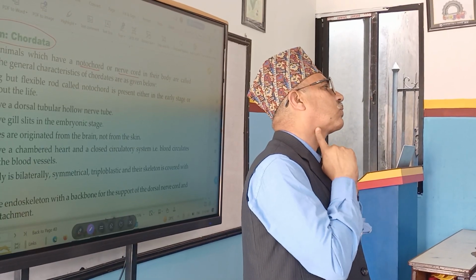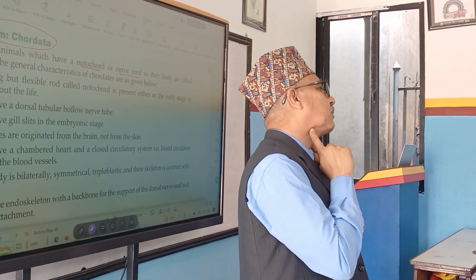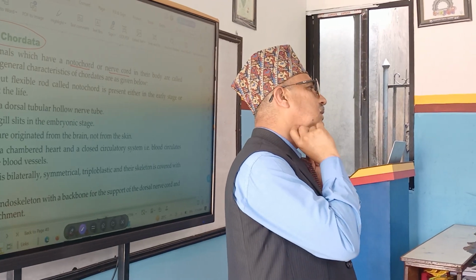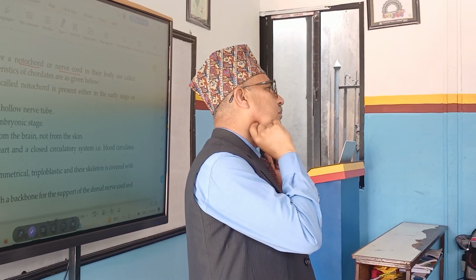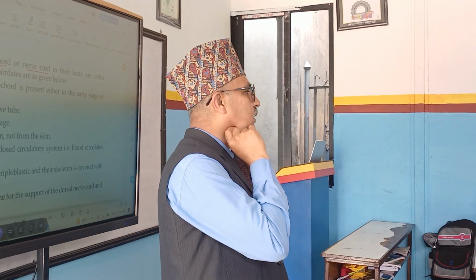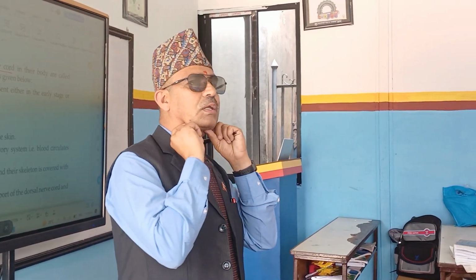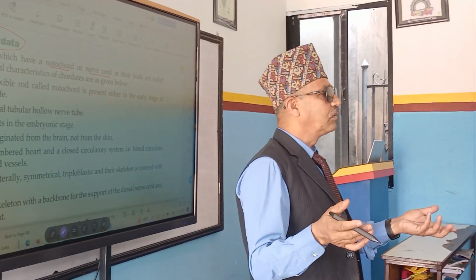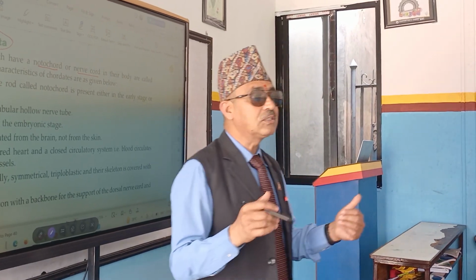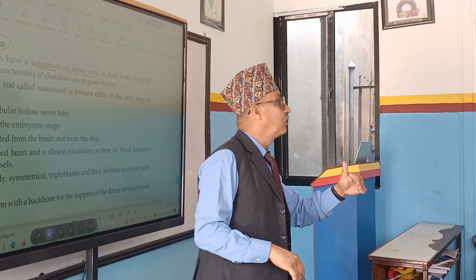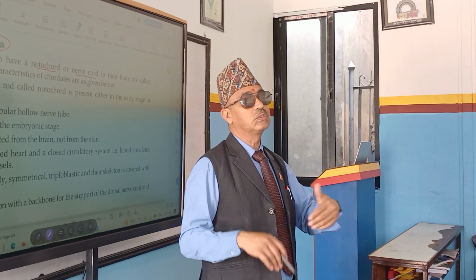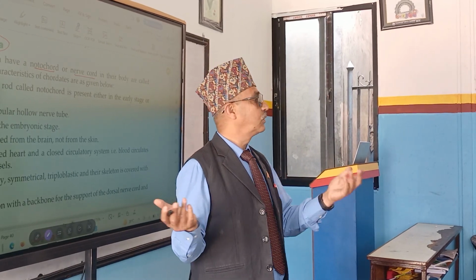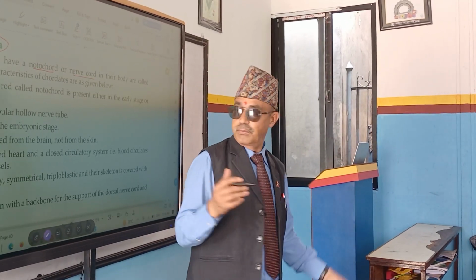Sometimes they say tonsillitis, you know. That is the portion where gill slits were present in the early stage. In fish, there are gills. In tadpoles, there are gills. But when the tadpole develops into a frog, the gills disappear.